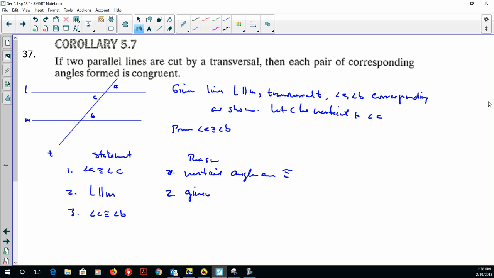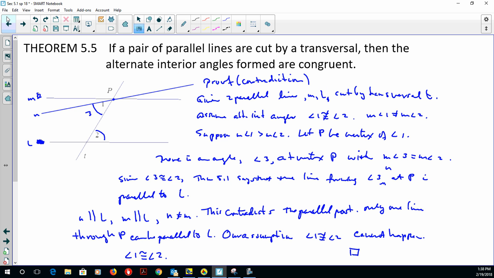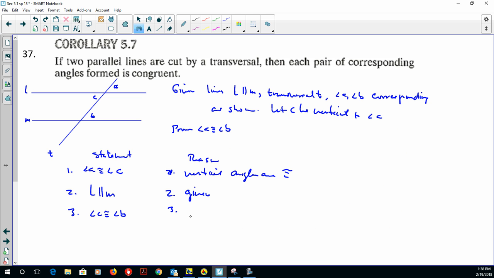When parallel lines are cut by transversals, alternate interior angles are congruent. Let's just say theorem 5-5. Well, A is congruent to C, C is congruent to B, so that means angle A is congruent to angle B. And this is what's called the transitive property.